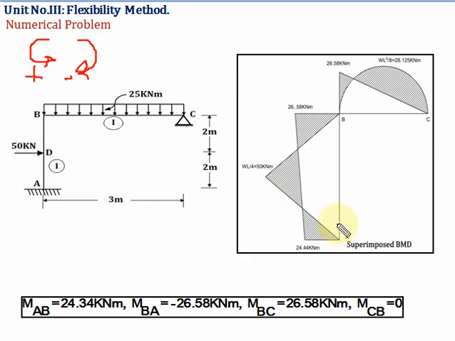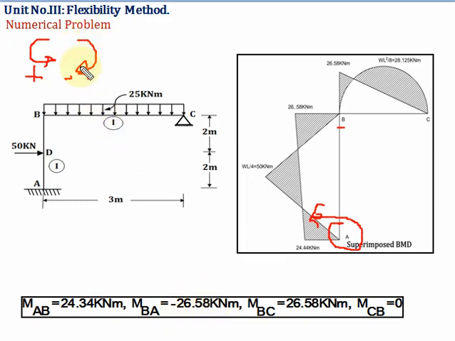That means this moment is acting in the anticlockwise direction. So here you have to keep the pen near A, and we have to rotate the joint A in the anticlockwise direction. Now I am rotating the joint A in the anticlockwise direction, and it should cut the member AB once. So this moment 34.64 is acting toward the left hand side of A. Now in member BA, the moment is minus 26.58.